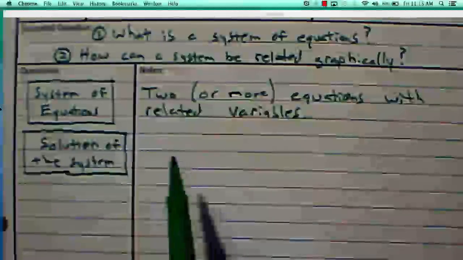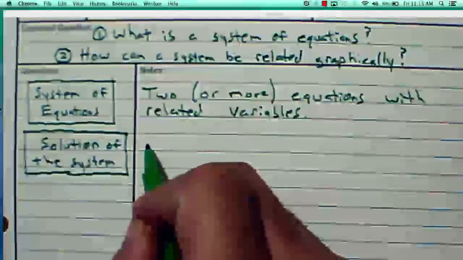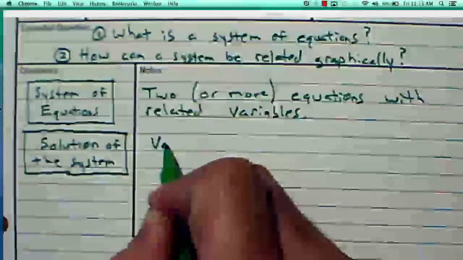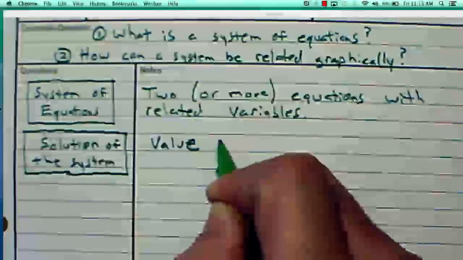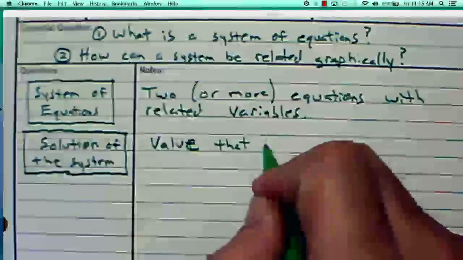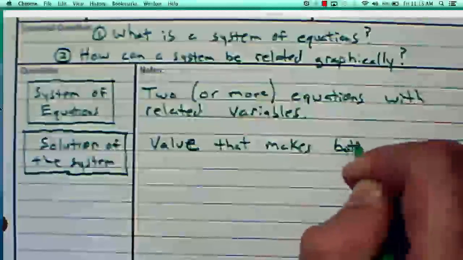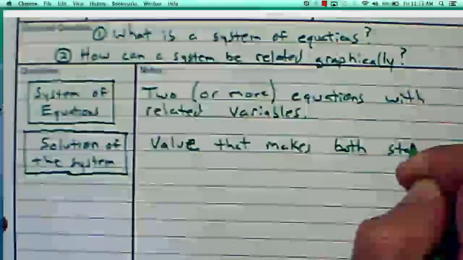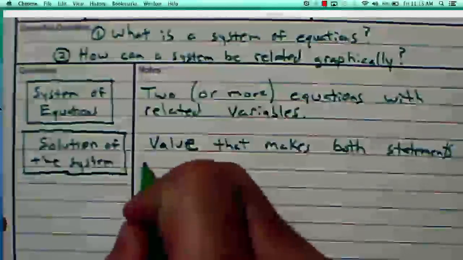Here we're talking about two equations, so we have two statements. The solution of the system is the value that makes both statements true.